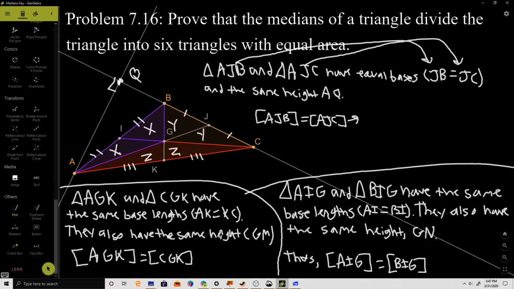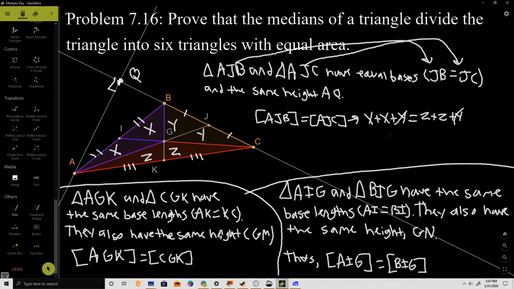Now, if I add up the areas, AJB has an area of X plus X plus Y. And that's equal to AJC's area, which is Z plus Z plus Y. Well, if I subtract Y on both sides, that would cancel out the Y's.